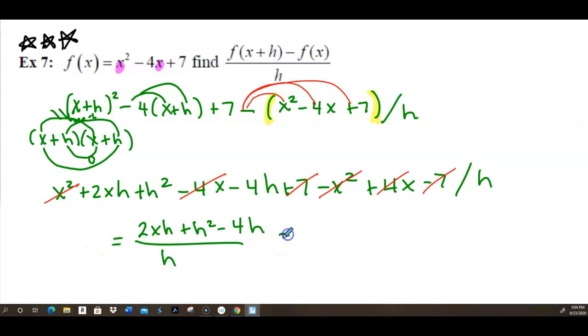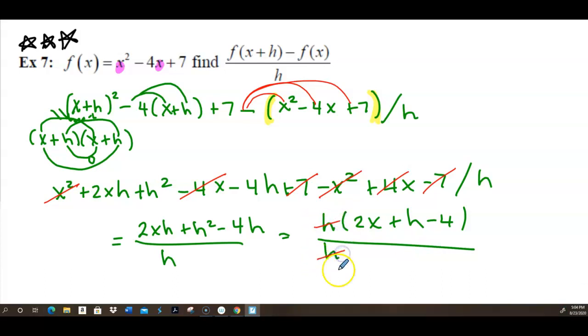But do you notice you can factor an h out of the numerator? So the h is going to factor out of the numerator, leaving me this. And now you have h over h, which can cancel. You can't cancel the h here until you factor it out. So now my final answer is 2x plus h subtract 4.